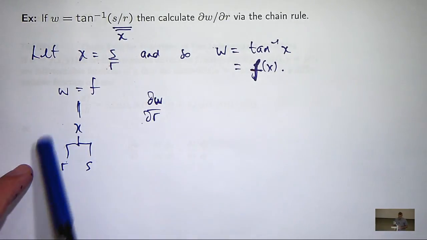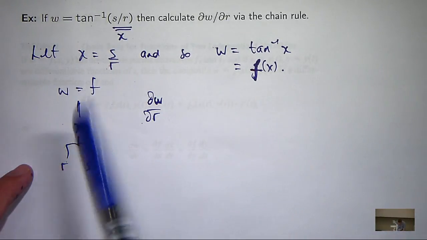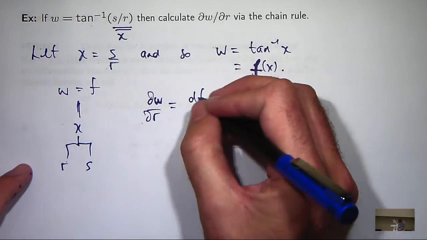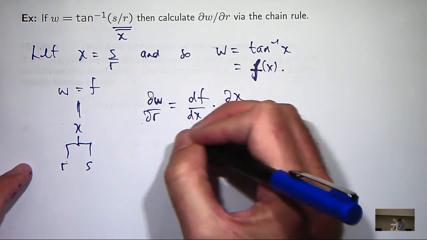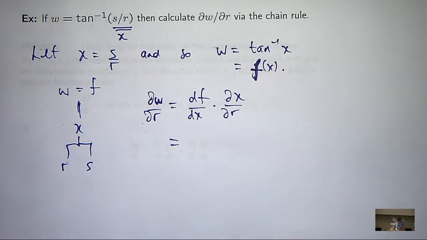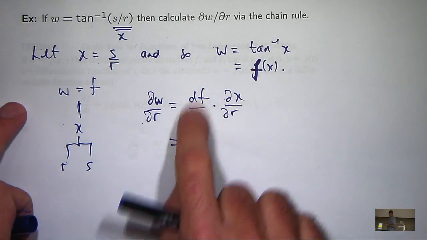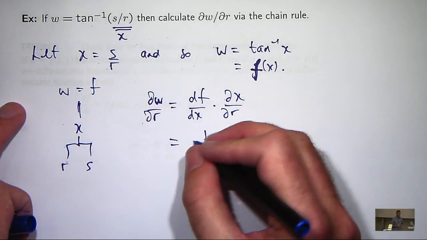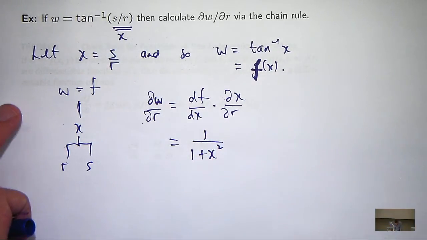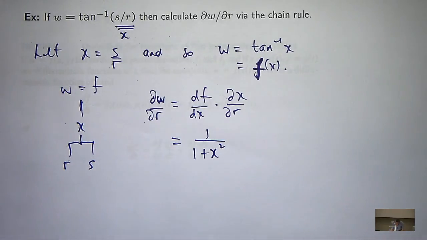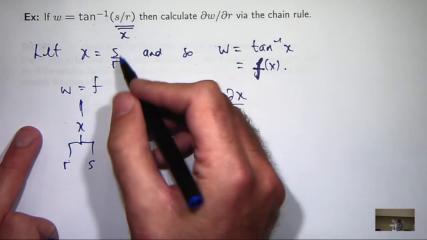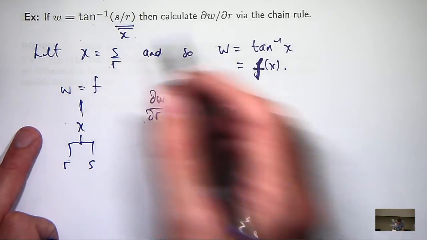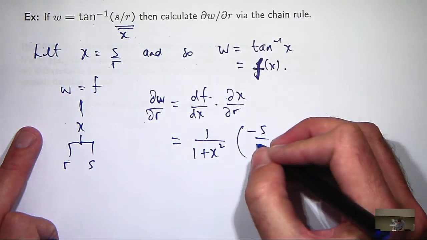Okay. So now let's actually compute some of these derivatives in our chain rule. df dx is going to be something like 1 on 1 plus x squared, because we're differentiating inverse tan, right? And dx dr is going to be, holding the s fixed, something like minus s on r squared. So now you have a choice. Which variables do I want the final answer in? Well, in this case, I'm going to do it in terms of r and s because the variable appears in the derivative, dw dr. So I can go and back substitute.